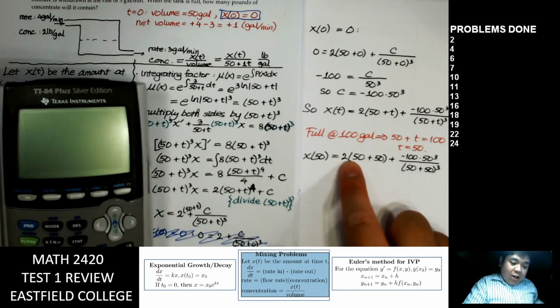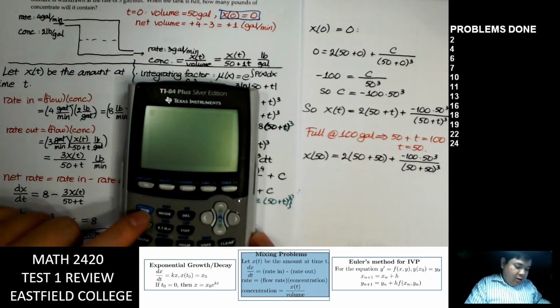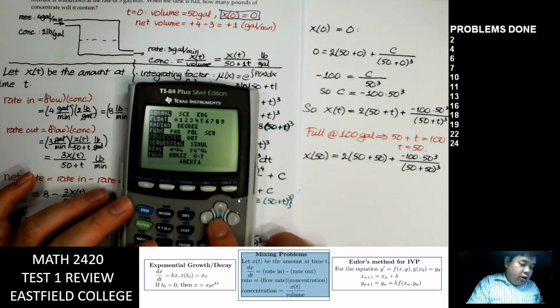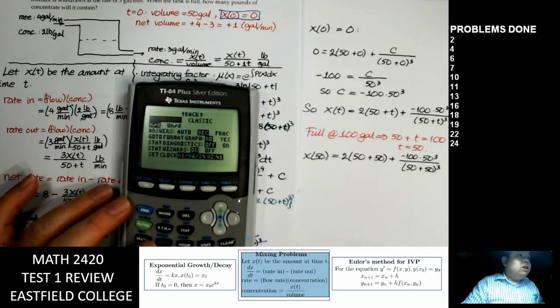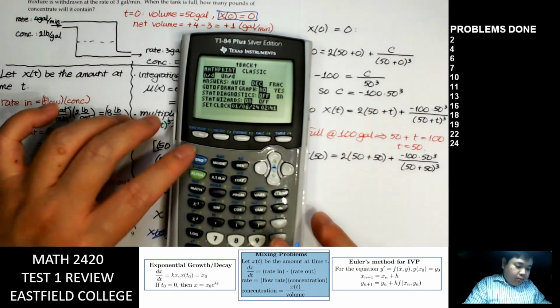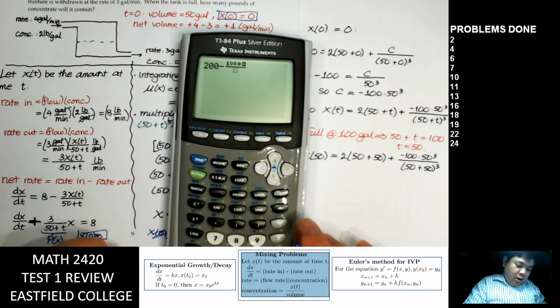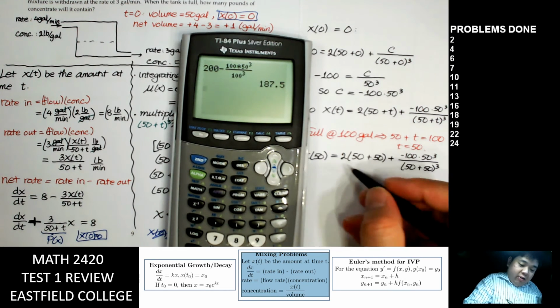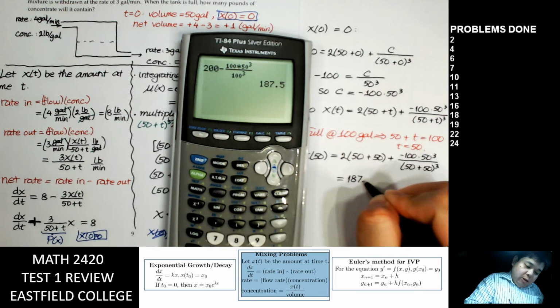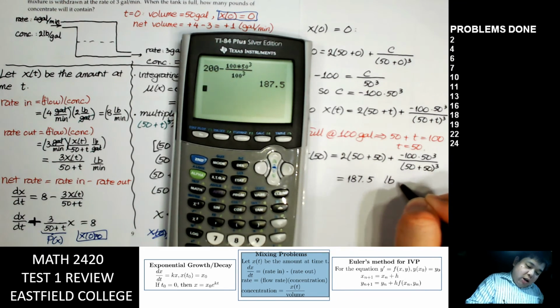So that is 100, 200. I will change that back to the math print. Right. So 200 plus, actually minus, we're going to do the fraction 100 times 50 cubed over 100 cubed. So we have 187.5. That will be pounds of concentrate.